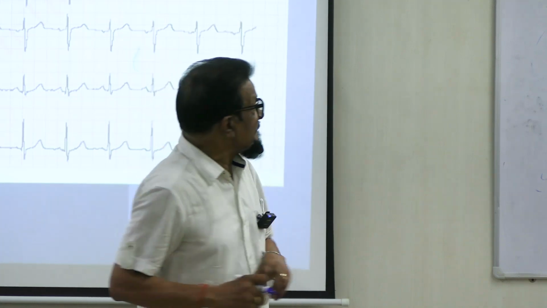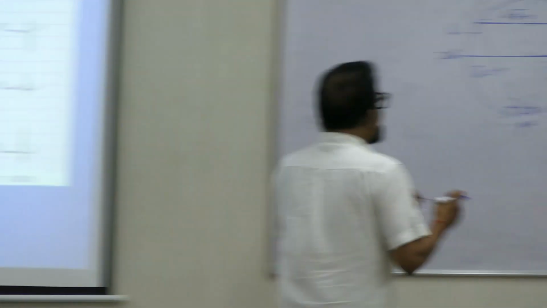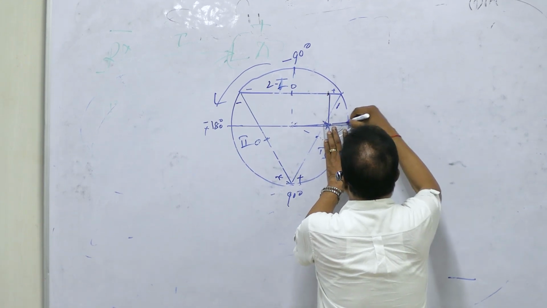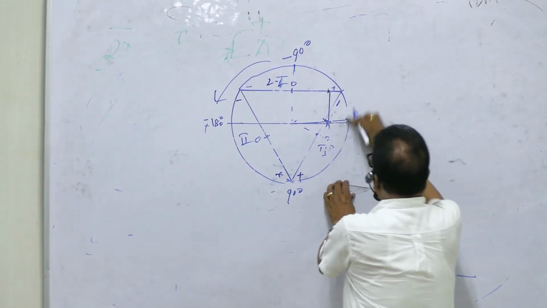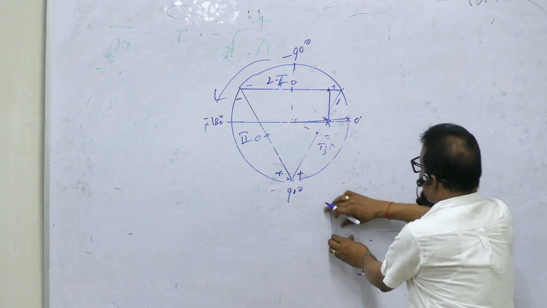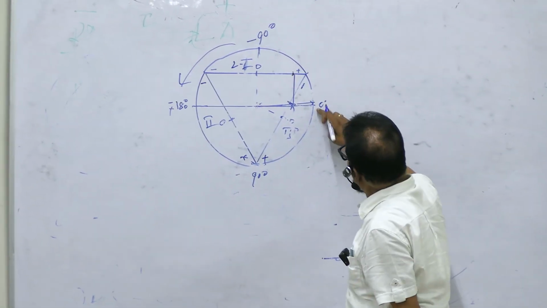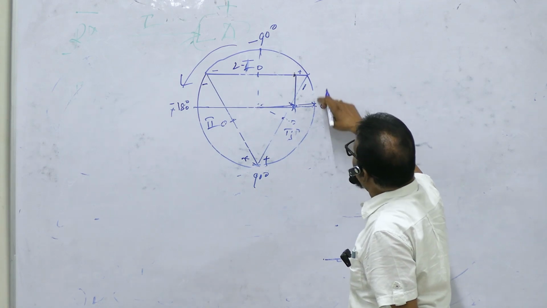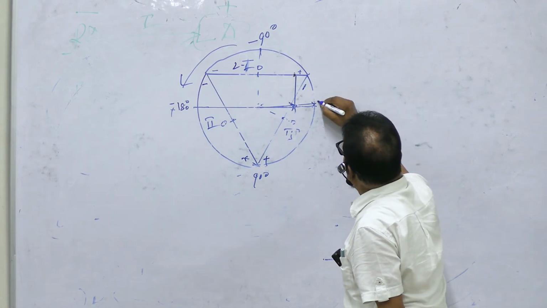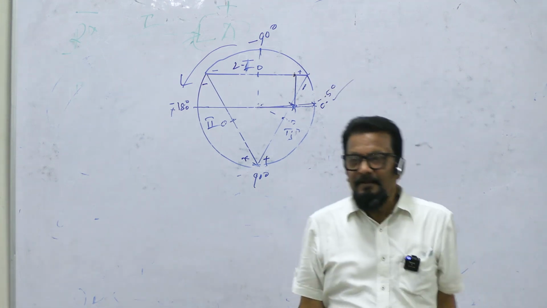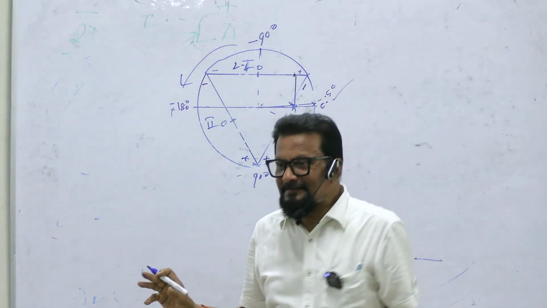And what is the direction? It is just 0 degree and here same it is minus 5 degree. So your electrical axis is minus.